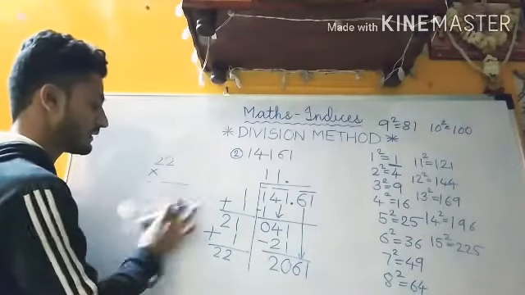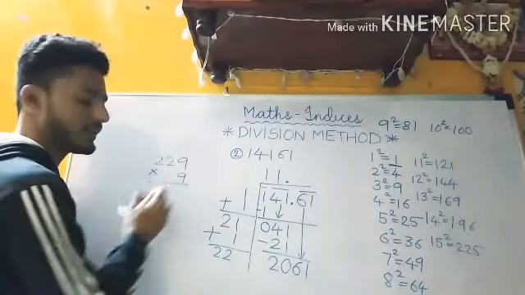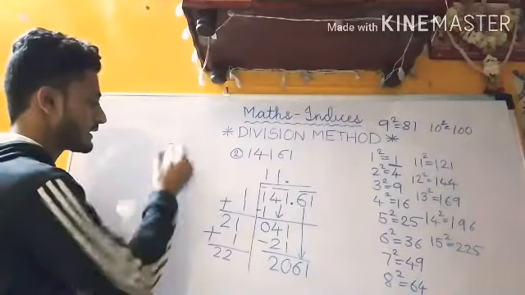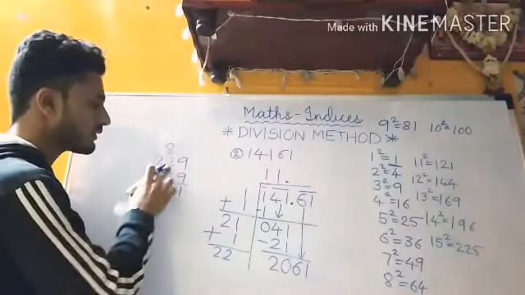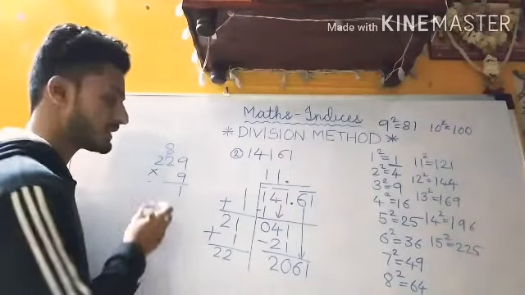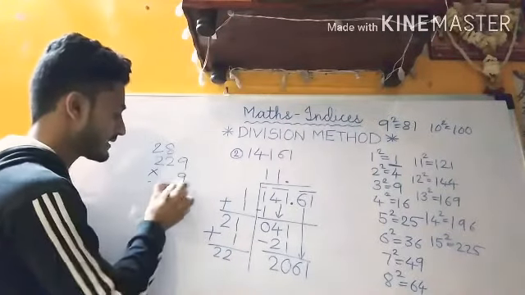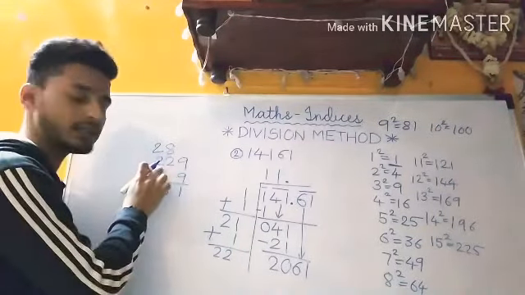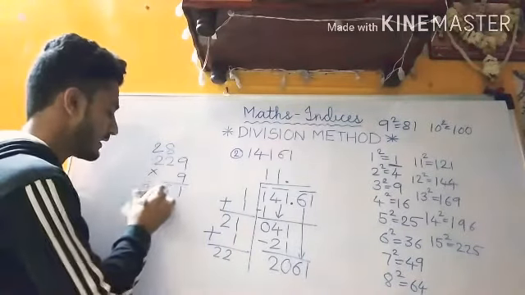We'll go for 9. 229 into 9. 9 9 is 81. 9 2 is 18. 18 plus 8 is 26. 9 2 is 18, 18 plus 2 is 20.